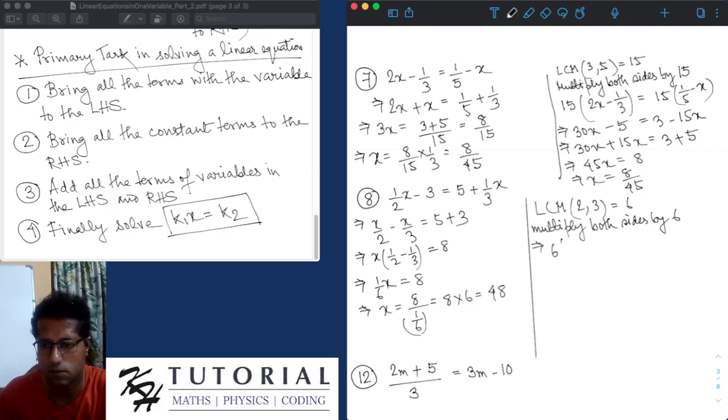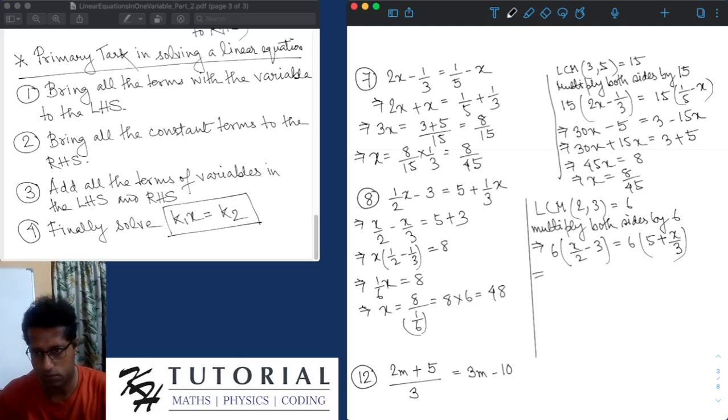So this implies 6 multiplied by the LHS is x by 2 minus 3, and 6 multiplied by the RHS is 5 plus x by 3. Now if we do the products on both sides, this becomes 3x minus 18 equals 30 plus 2x.